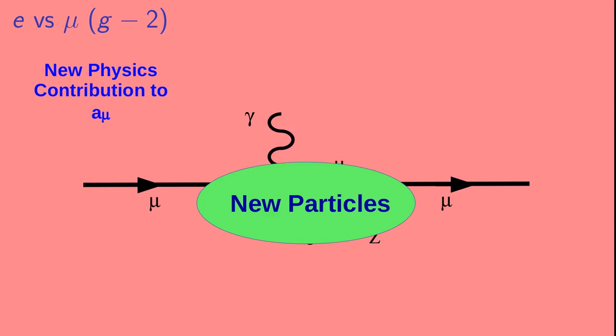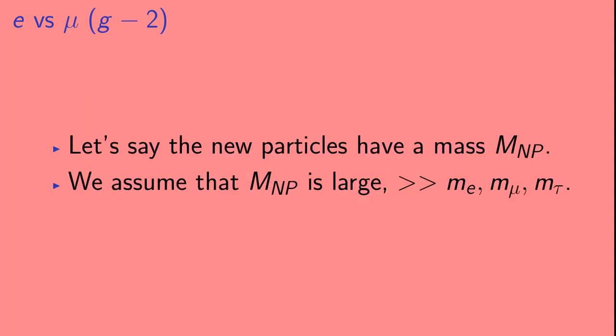If you have new physics contributions to A mu, you can also get new diagrams that contain particles that are not part of the standard model. Now let's say that the new particles have a mass that we're going to call m sub NP. And we're going to assume that m NP is large. So the mass of these new particles is much larger than the masses of the electron, the muon, and the tau.